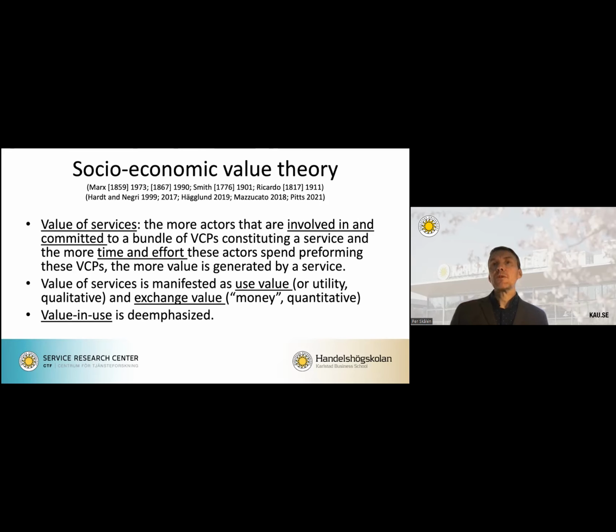We need to be able to understand the role of money. We need to understand the interrelationship between use value and exchange value. And value in use, which is a key concept in service-dominant logic, is different from use value. Use value is inherent to services or goods. Value in use emerges when you are using goods and services. So that is de-emphasized in my perspective when you conceptualize value the way I do.